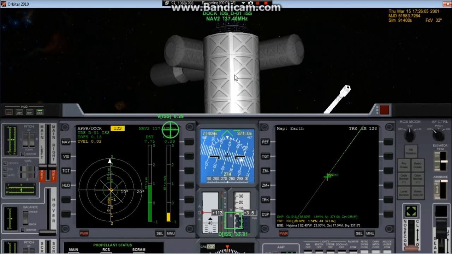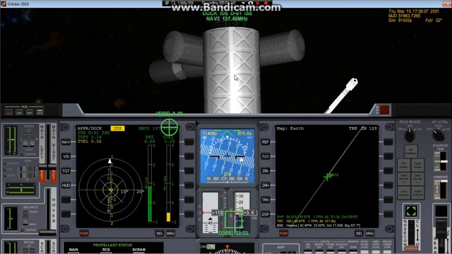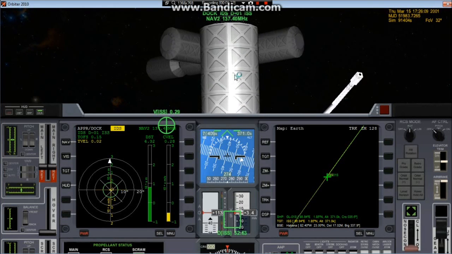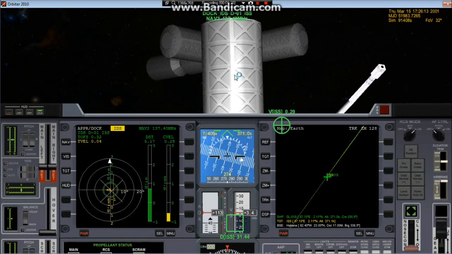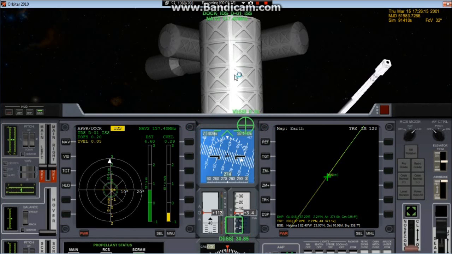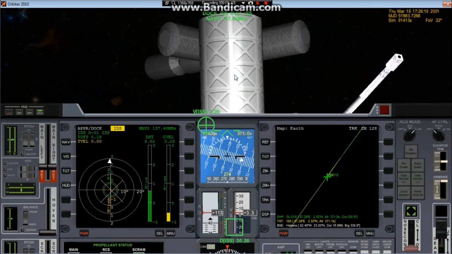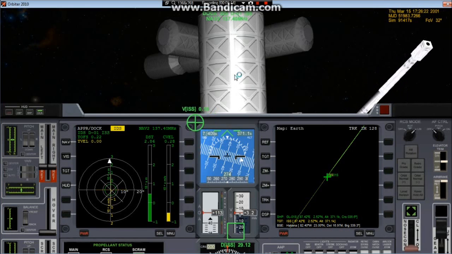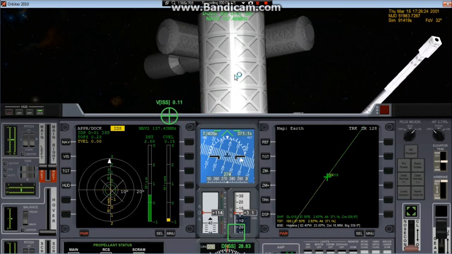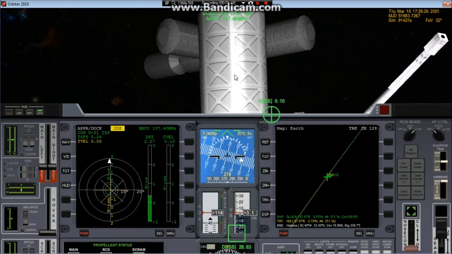Rotation. Translation. Three meters. Going down to contact velocity, 10 centimeters per second.